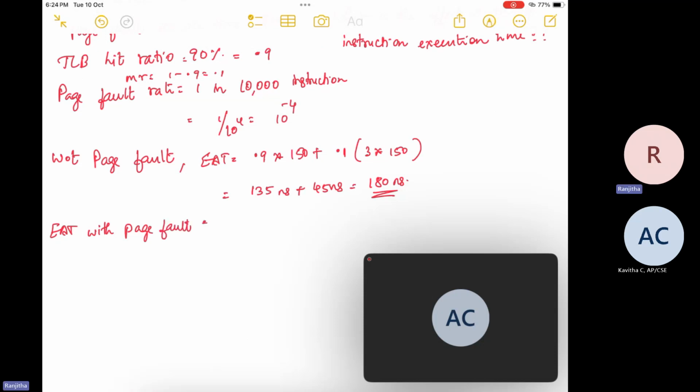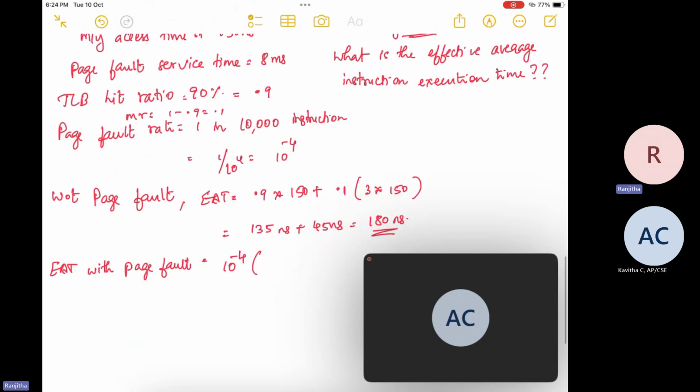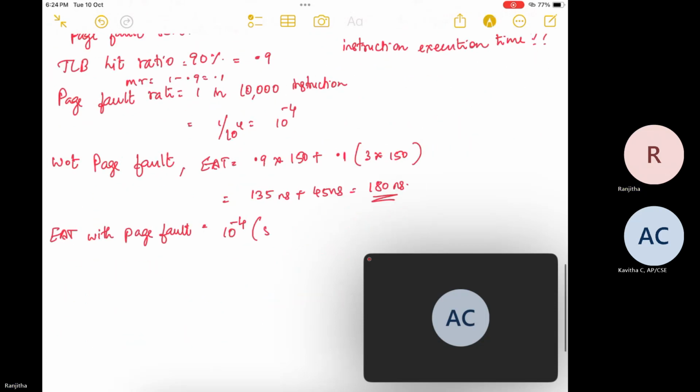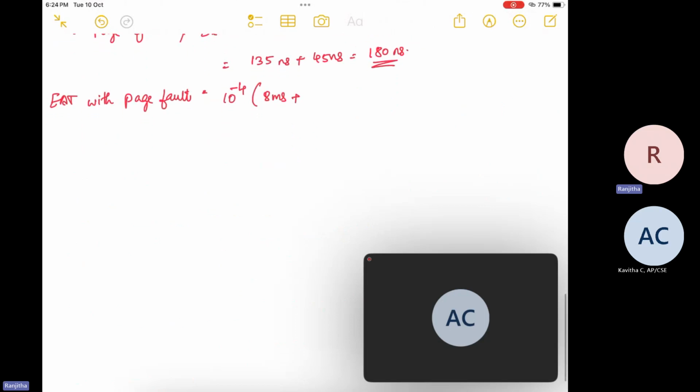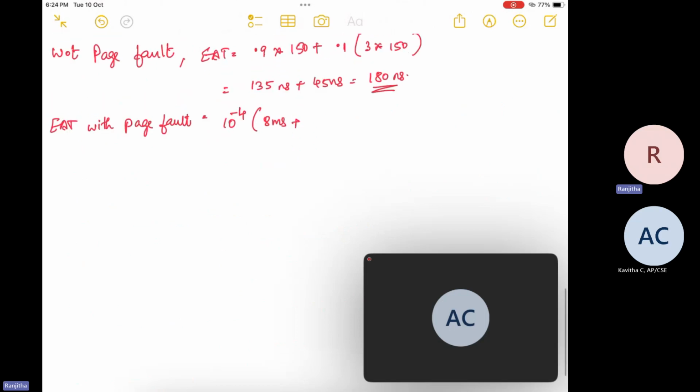equals the page fault rate 10 power minus 4 into the page fault service time, given as 8 millisecond, plus 1 minus 10 power minus 4 into the effective access time, 180 nanoseconds, which we have just computed.